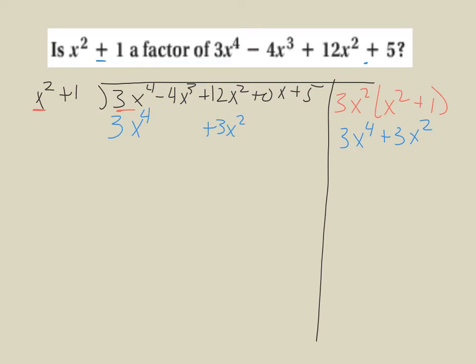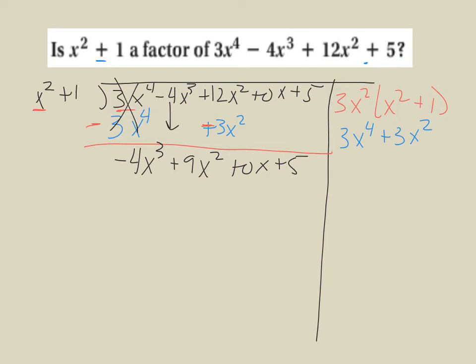Remember, you have to make sure to switch your signs here. So now when I add these together, again, it's like subtracting, so switching the sign. These two cancel each other out. This has nothing to add to it, so that just becomes negative 4x cubed. And I have 12x squared minus 3x squared, which would give me a positive 9x squared plus 0x plus 5.